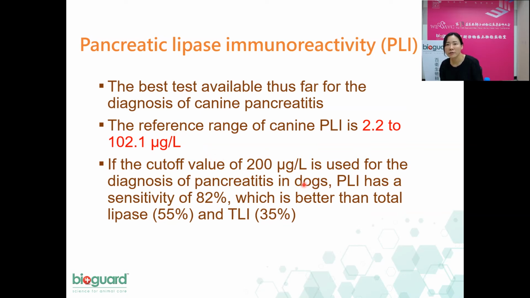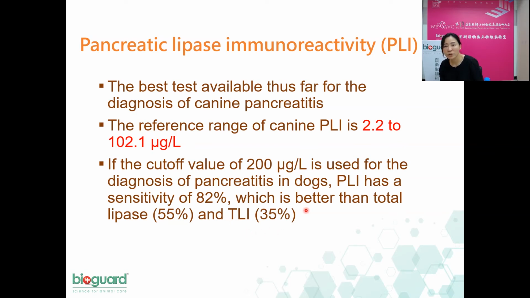If we have a value over 200 micrograms per liter, we can say there is a greater possibility that this dog has pancreatitis, and it shows a sensitivity of around 82%, compared to lipase at 55% and TLI at 35%.